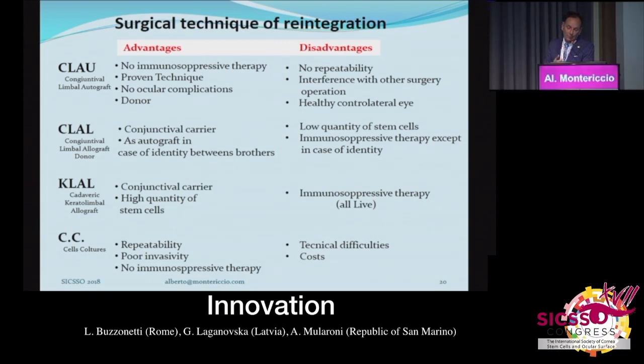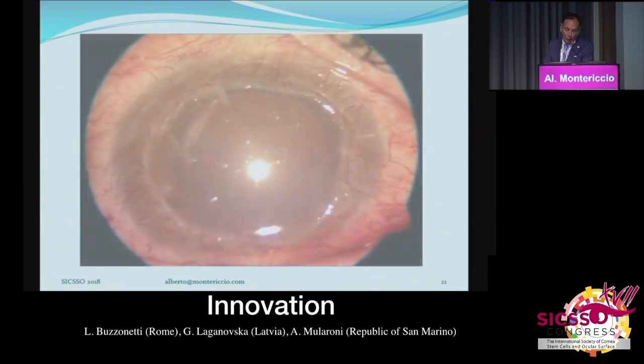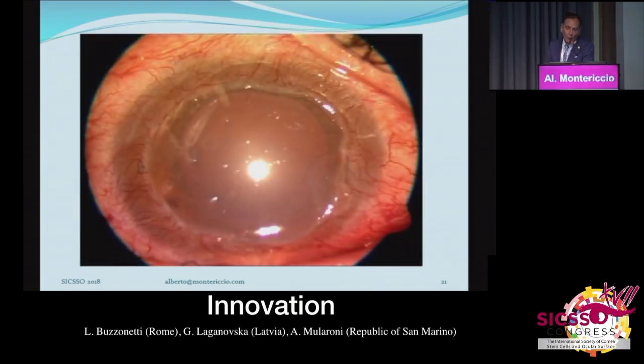Even with a sibling or relative, CLAL, we do not need immunosuppressive treatment, whereas it is necessary throughout life in the case of cadaveric keratolimbal allograft. The cell cultures are probably the next generation, but for the time being, this is quite an expensive procedure. Here we may see a case.